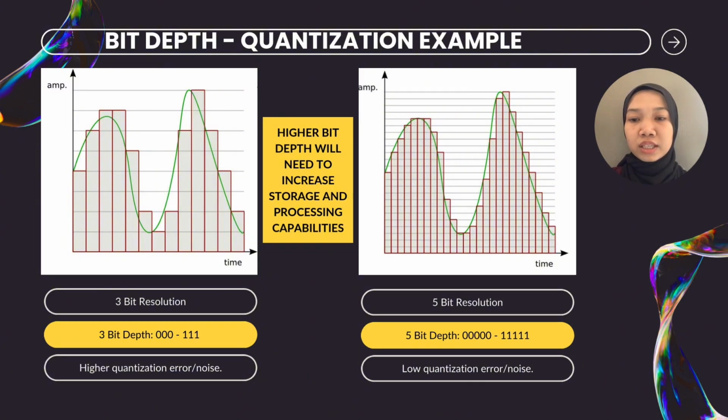The difference between the quantized signal and the original signal in the 3-bit resolution is higher, therefore higher quantization error or noise. The difference between the quantized signal and the original signal in the 5-bit resolution is lower, hence low quantization error or noise.